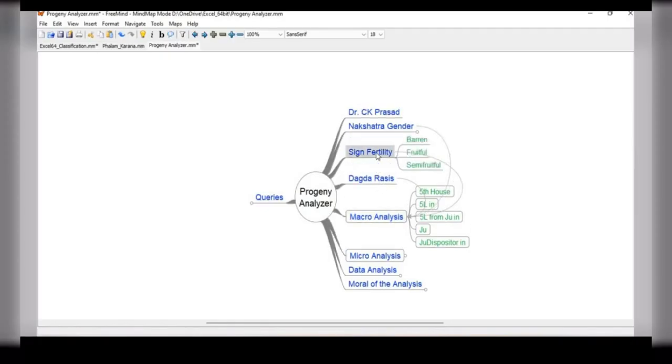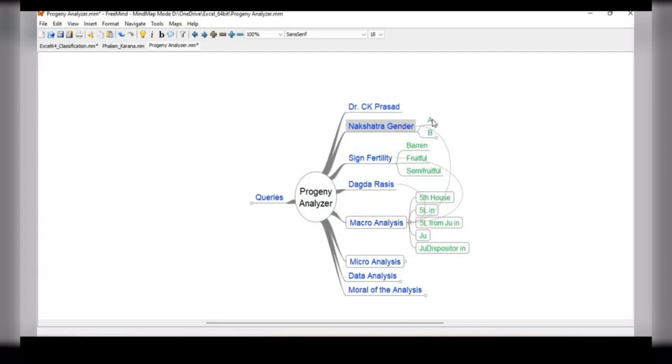And he has collected signs which are either barren or fruitful or semi-fruitful. So in which of these rasis they fall, whether barren rasis or fruitful or semi-fruitful. And nakshatras also he has classified, not exactly but he has compiled classifications based upon literature sources as male, female and eunuch nakshatras. So this is one classification A, there is a classification B.